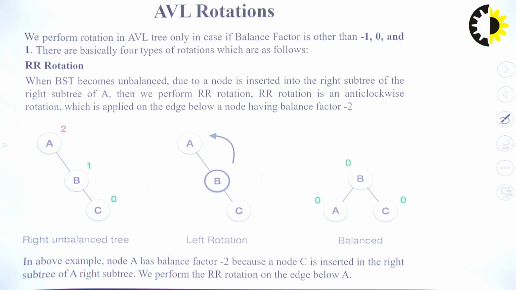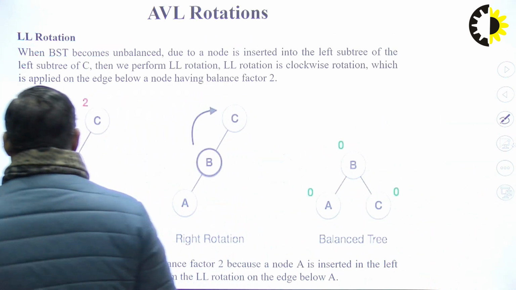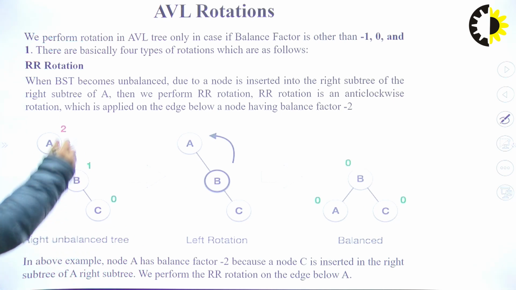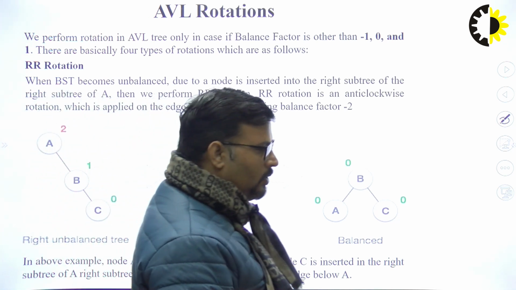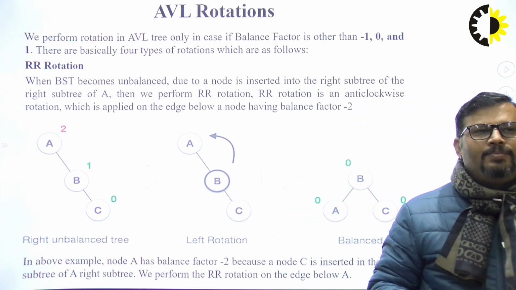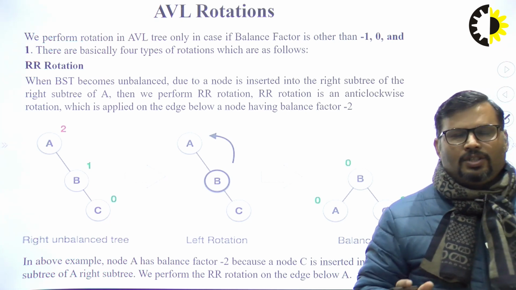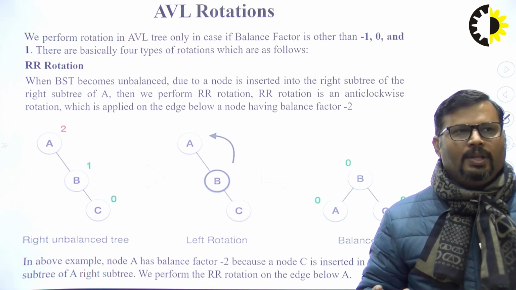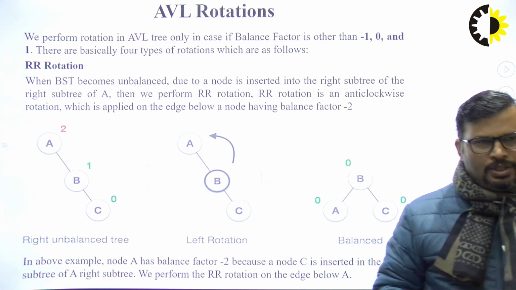An AVL tree also has some types of rotation. There are basically 4 types of rotation, which are as follows. First, right rotation: when a BST becomes unbalanced due to a node being inserted into the right subtree of A, then we perform a right rotation.